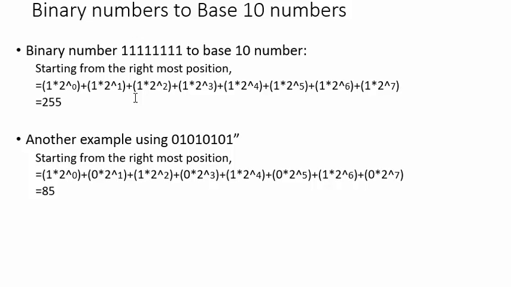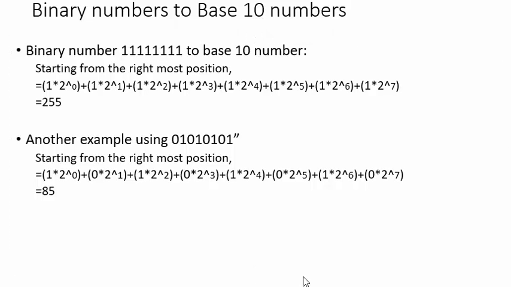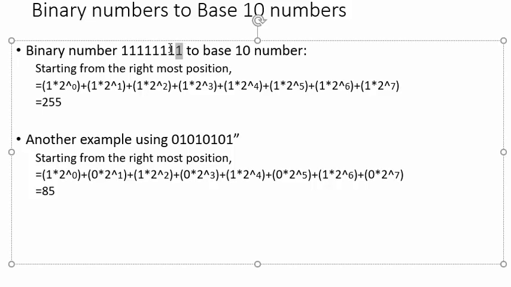So anytime you want to convert a binary number to a base 10 number, for example, we have 1, 1, 1, 1, 1, 1, 1, 1, which is 8 ones. Typically that's how you represent a binary number, a series of 8 bits.